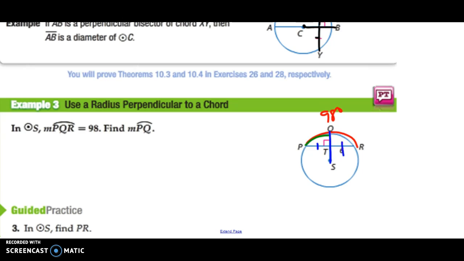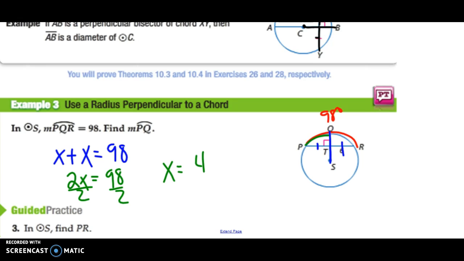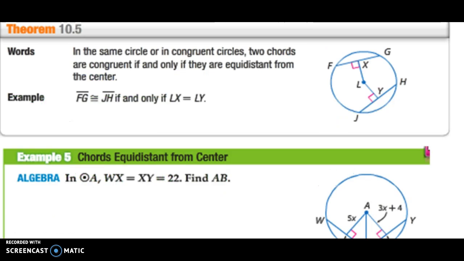So both of them together are going to add up to 98 degrees. So we could just say that x plus x is going to equal 98 degrees, right? So 2x is going to be equal to 98. And so divide by 2, means x is going to be equal to 49. So what's the length of arc PQ? It's 49.